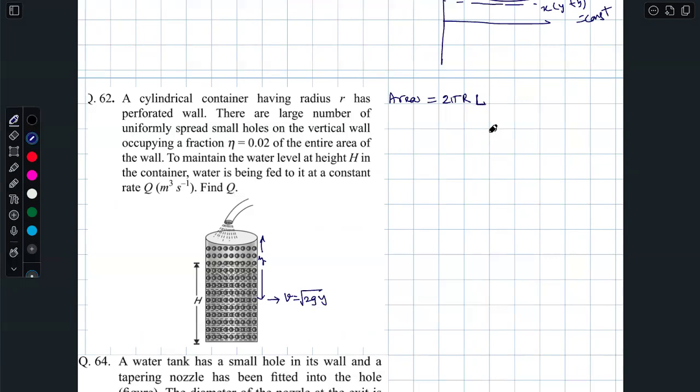Eta is equal to 0.02 of the entire area of the wall. So therefore, what is area?